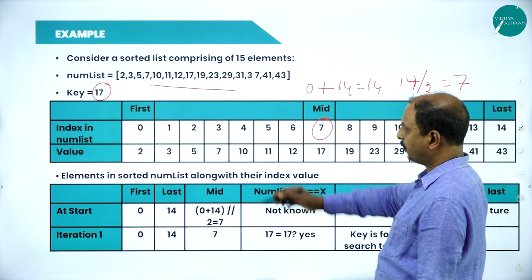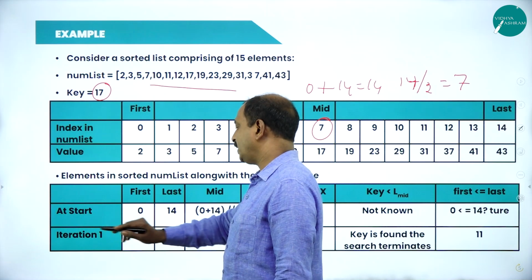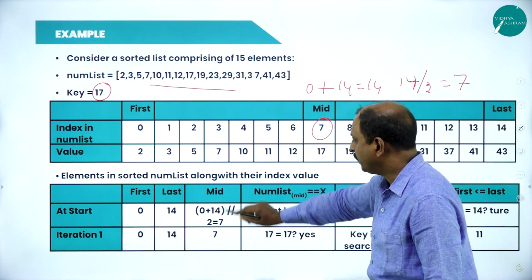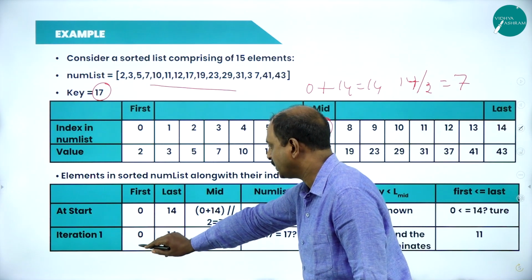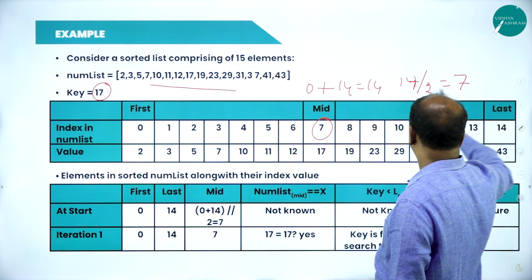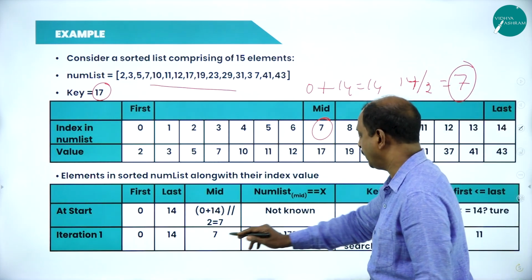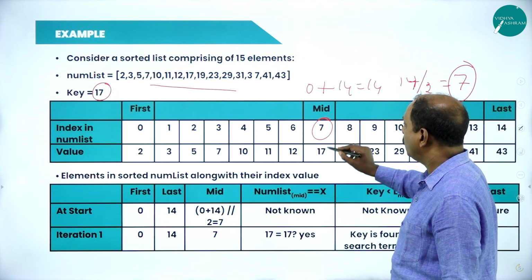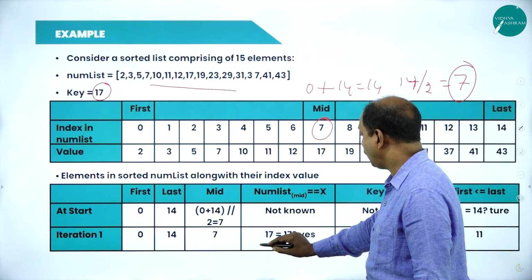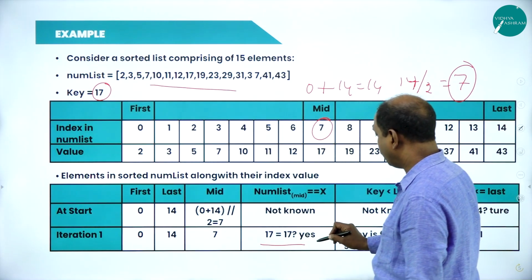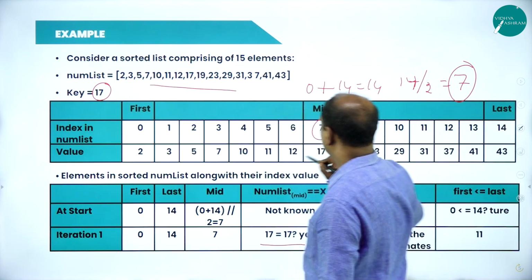The procedure is the same as in the first iteration. What's the middle element? Here 0 is the first index, 14 is the last index, 0 plus 14 gives 7 as the middle. Now I am comparing the value at index 7, which is 17, with the key 17. They are equal.